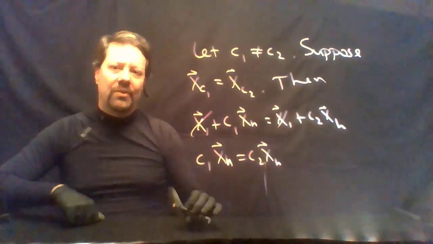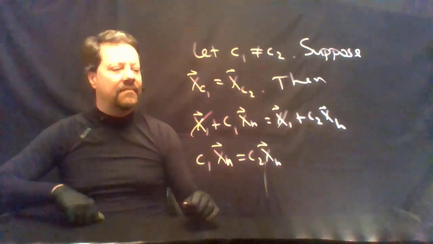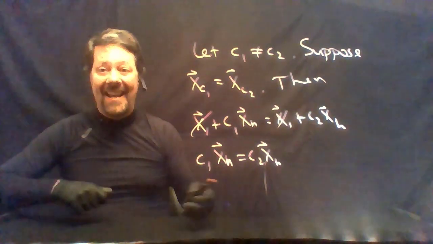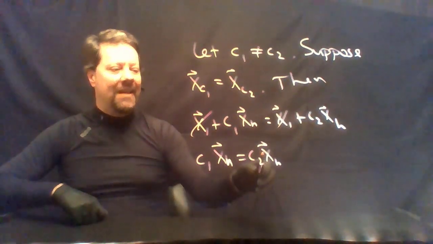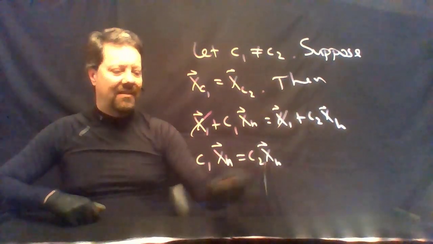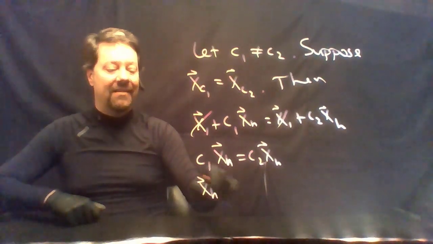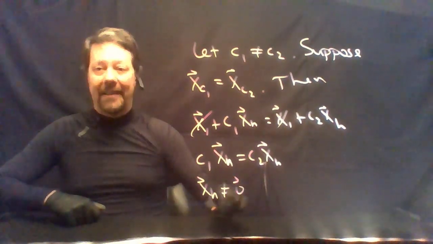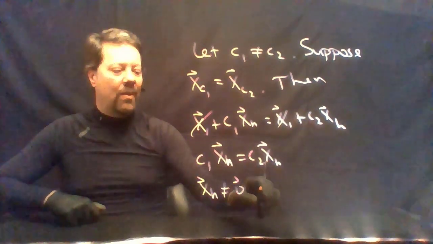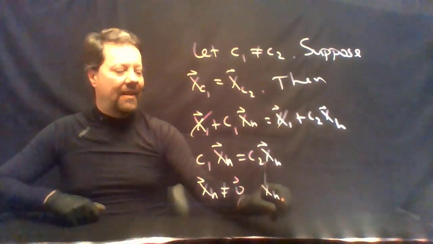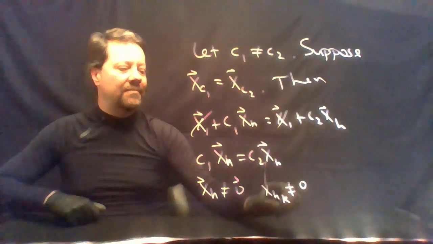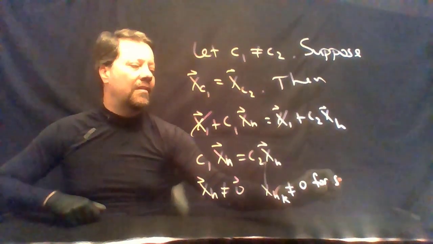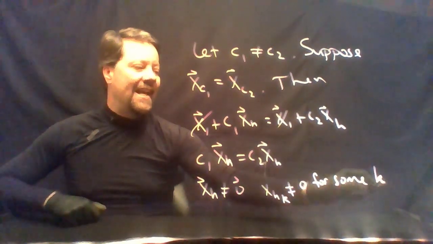This equation can only hold... Now, xh is not the zero vector. So at least one of its coordinates, xhk, is not 0 for some k.